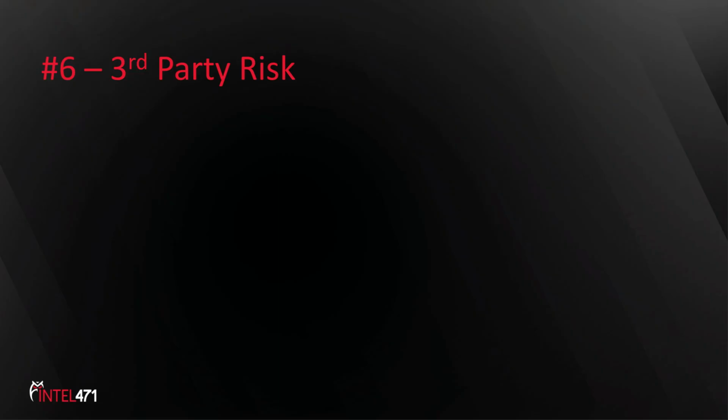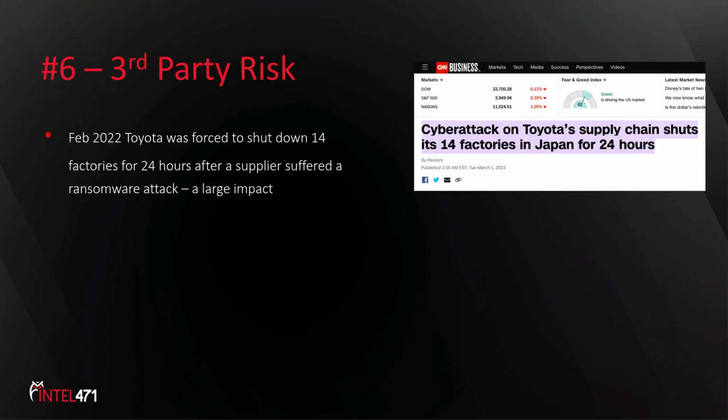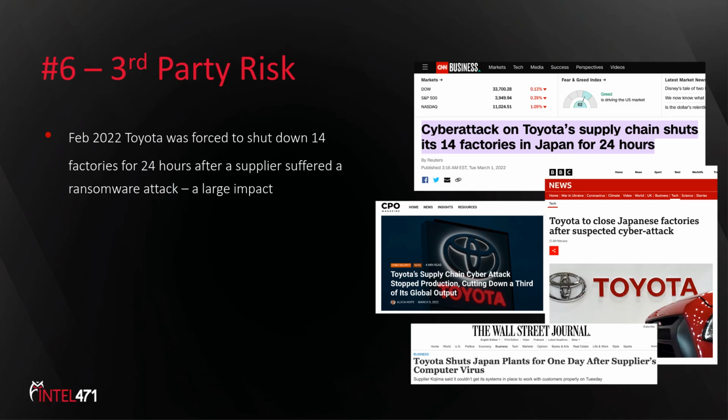And then another example for third-party risk, but this is actually one where it comes from looking back after the fact. So in February of this year, Toyota was forced to shut down 14 factories for 24 hours after one of their suppliers suffered a ransomware attack, which meant they couldn't supply the parts to the factories, and so Toyota had to shut down the factories because the production line couldn't continue.